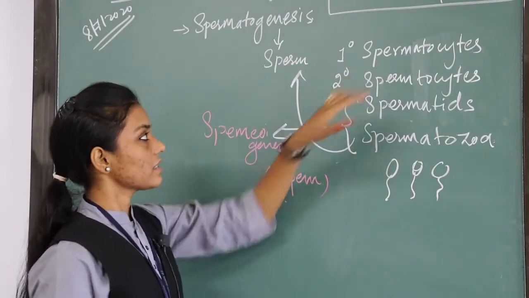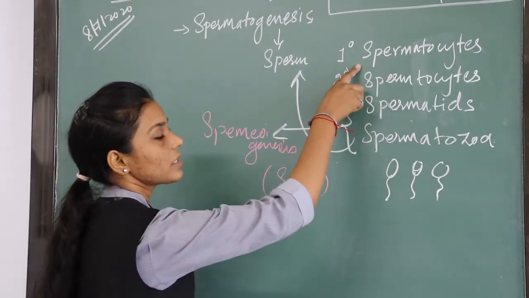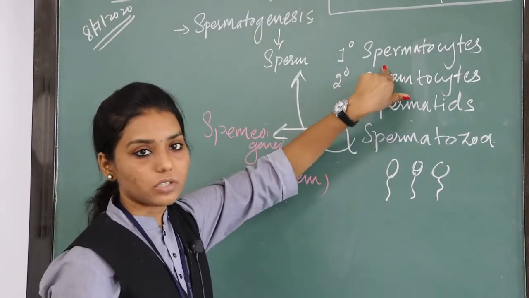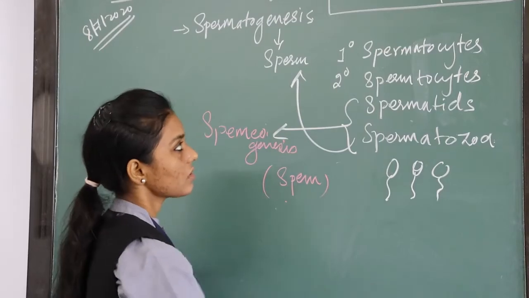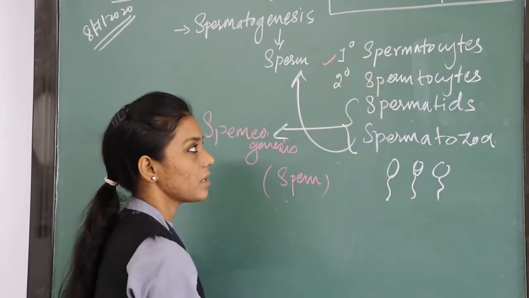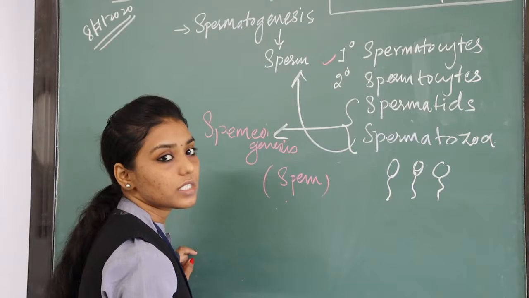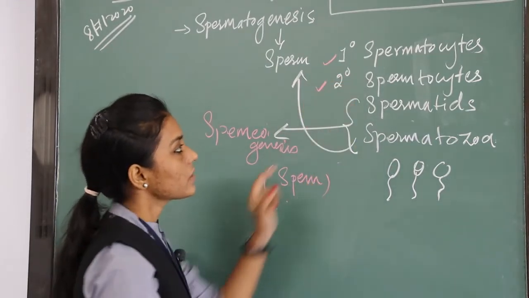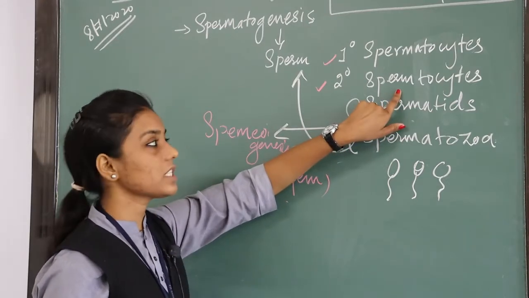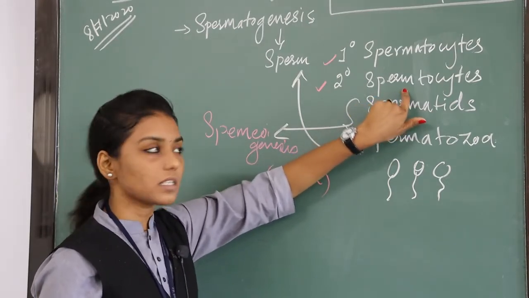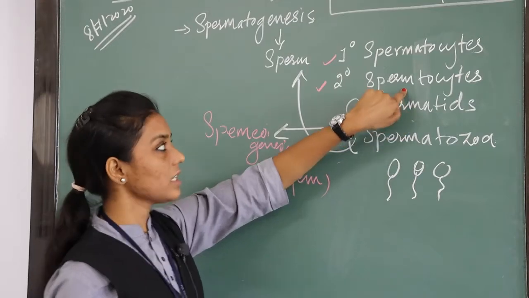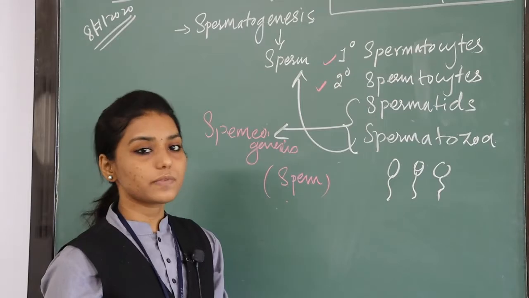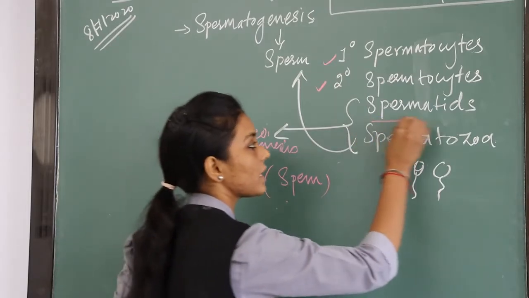To form this sperm we have seen certain events. Primary spermatocyte formation is by mitotic division. Once the mitotic division leads to formation of primary spermatocytes, then meiosis 1 division divides and forms the next one, that is secondary spermatocytes. The secondary spermatocytes again divide in meiosis 2 to form spermatids.